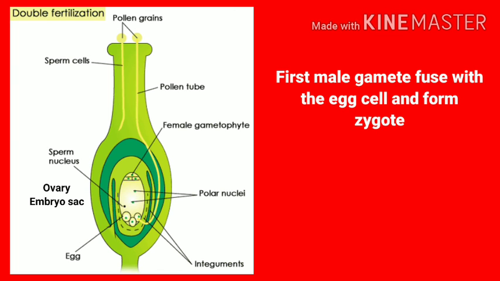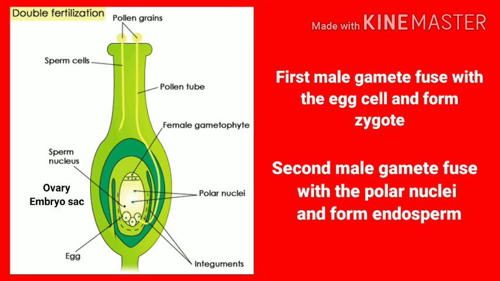The first male gamete fuses with the egg cell and a zygote is formed. That zygote is diploid, right? Clear? Then the second male gamete fuses with the polar nuclei or secondary nucleus and forms the endosperm.